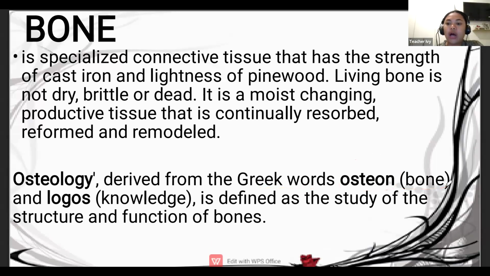So therefore, when we say osteology, from the word osteon and logi, which means study, osteon means bone. Therefore, osteology is considered to be the branch of science that deals with the study of bone, because it comes from the two Greek words osteon and logos or logi, meaning study of bone.